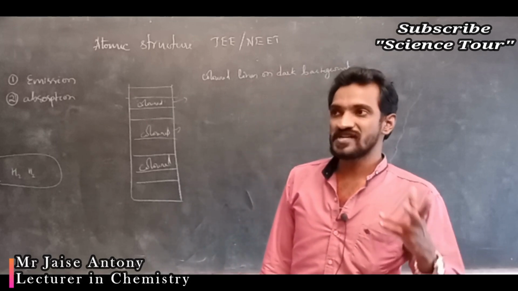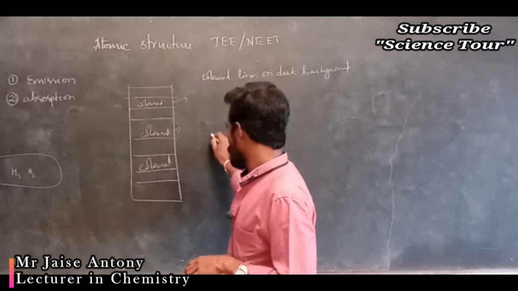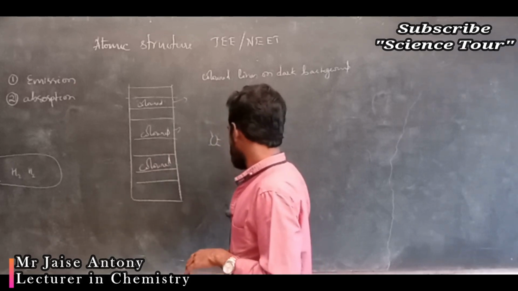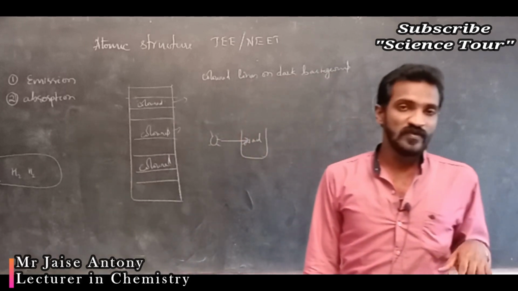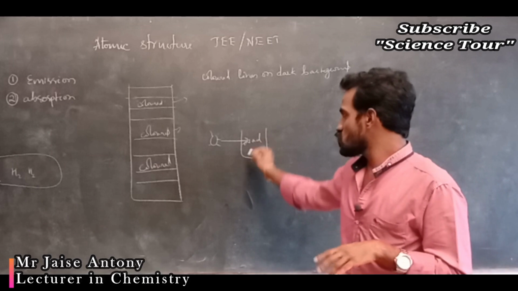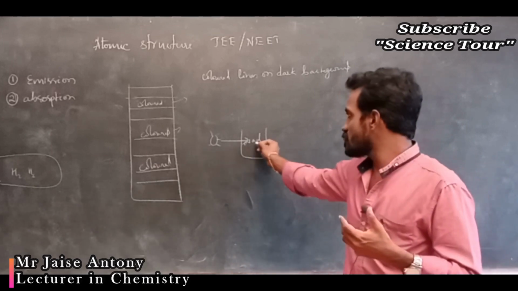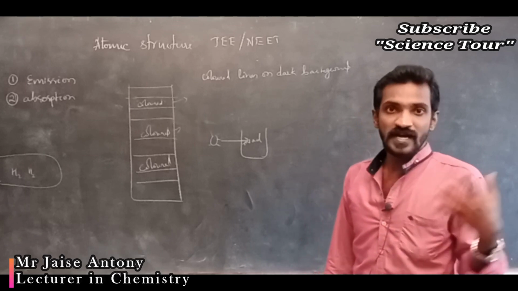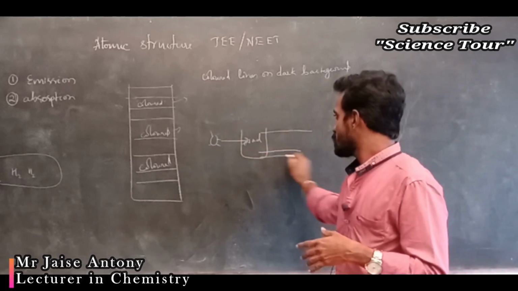Okay, my dear students, what is absorption spectrum? I already mentioned, when white light is passed through a solution like sodium chloride solution, what happens? Sodium chloride absorbs a few wavelengths, 2 wavelengths. Light yellow and bright yellow wavelengths are absorbed by sodium chloride. The remaining colors of white light get transmitted.